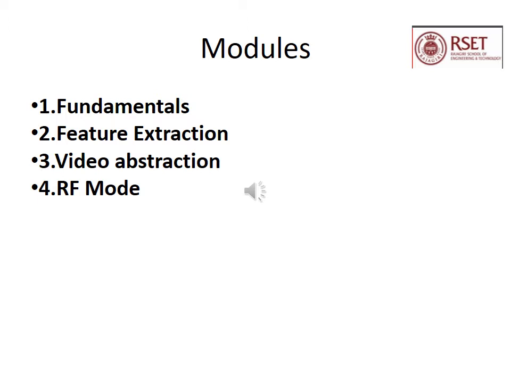The third and fourth modules are related to video. In the third module, you are going to study more details about video abstraction, and the last module deals with RF mode. RF stands for relevance feedback. Okay, so these are the module divisions.